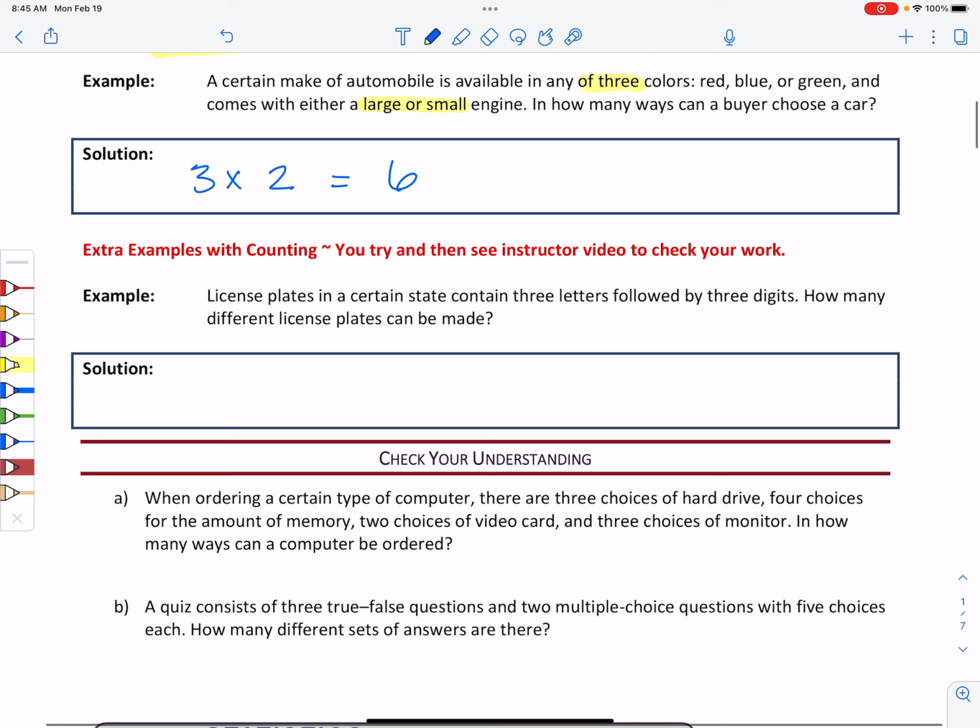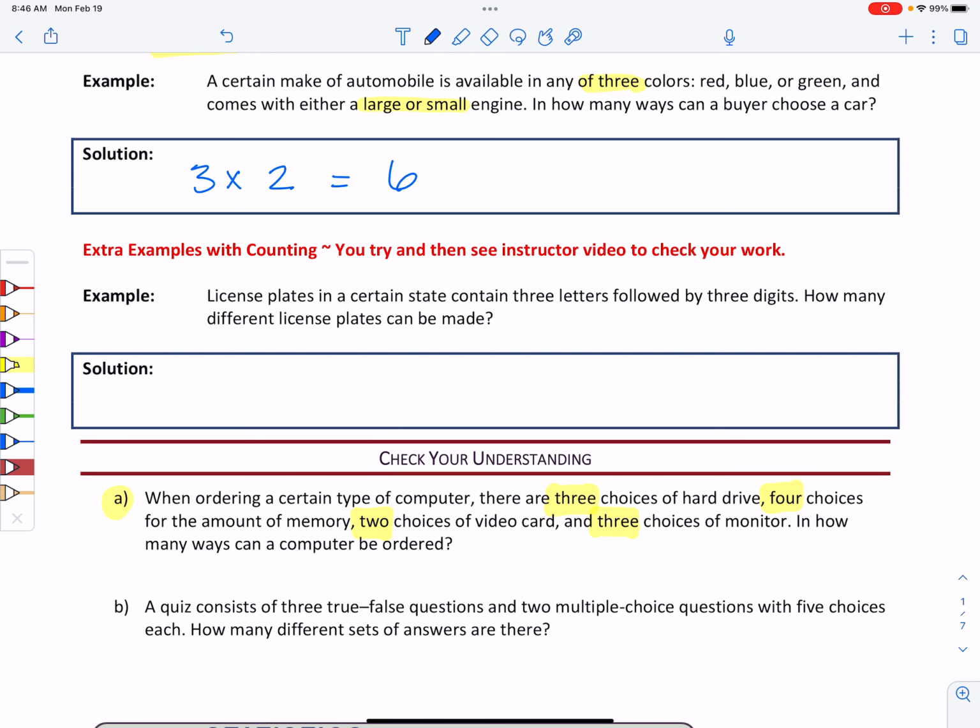All right, so another example like this one, where the number of outcomes is very straightforward and is given, is part A on the check your understanding. We're looking at putting together a computer and the different choices that have to be made. We have 3 choices for the hard drive, 4 choices for the amount of memory, 2 choices for the video card, and 3 choices for the monitor.